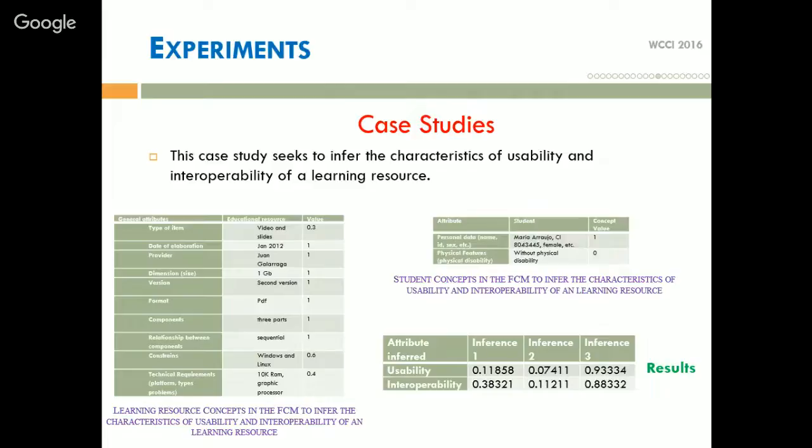And here we can infer two properties of the learning resource, its usability and its interoperability. We can infer this information, for example, for three hypothetical learning resources. For this specific case, the first column represents the information of this specific learning resource, which has high usability and high interoperability.